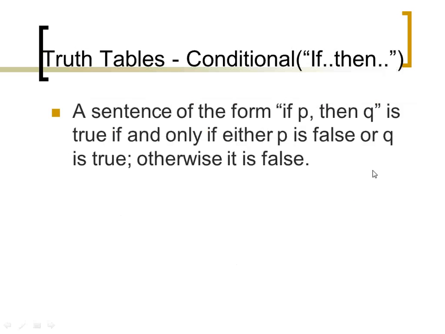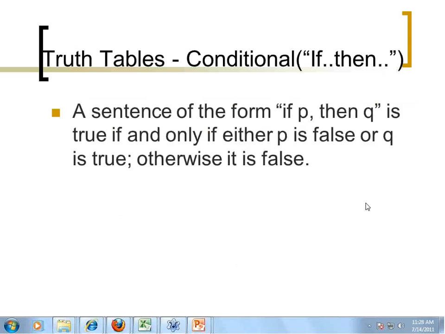Now, a sentence of the form if P then Q is true if and only if either P is false or Q is true. Otherwise, it is false. So, if either P is false or Q is true, then it is true.